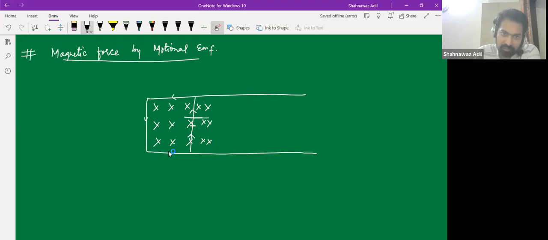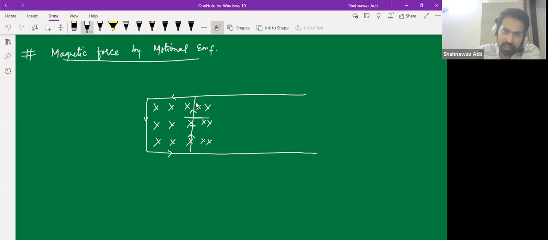What is the direction of the magnetic force in the conducting wire?